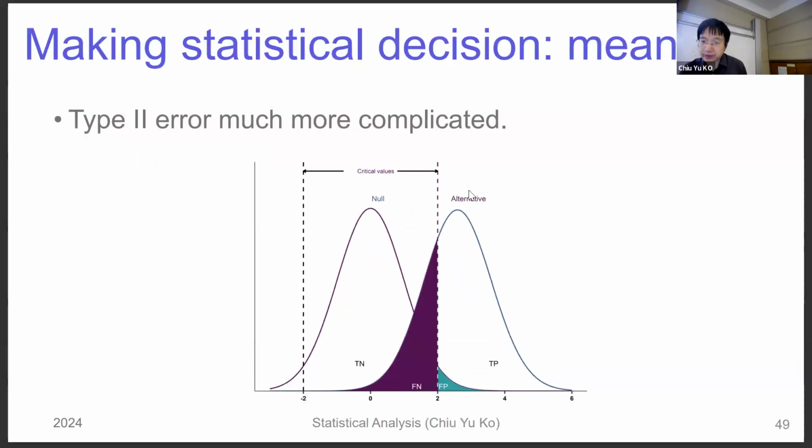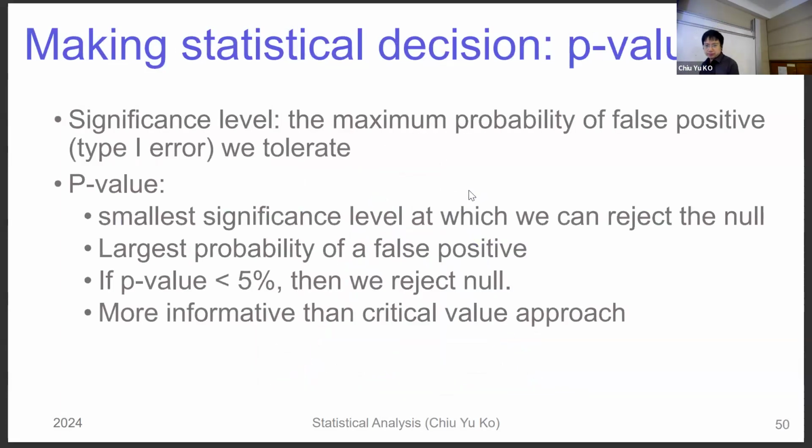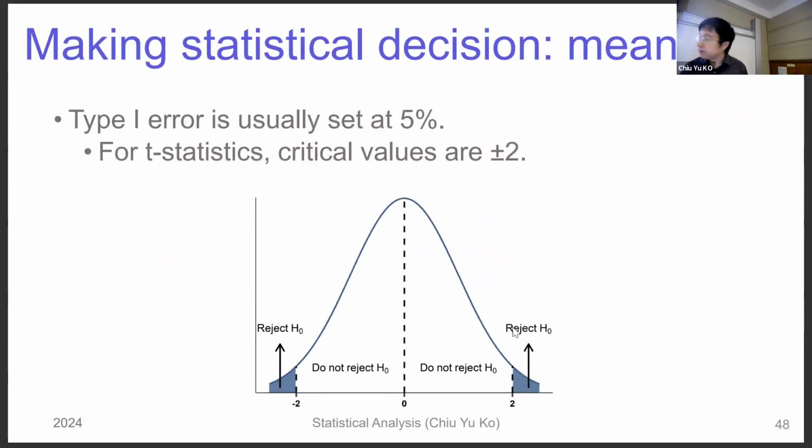So I'm not going to talk about type 2 error. Besides the critical region, one thing you have to know is the p-value, which is related. It's a very simple idea.